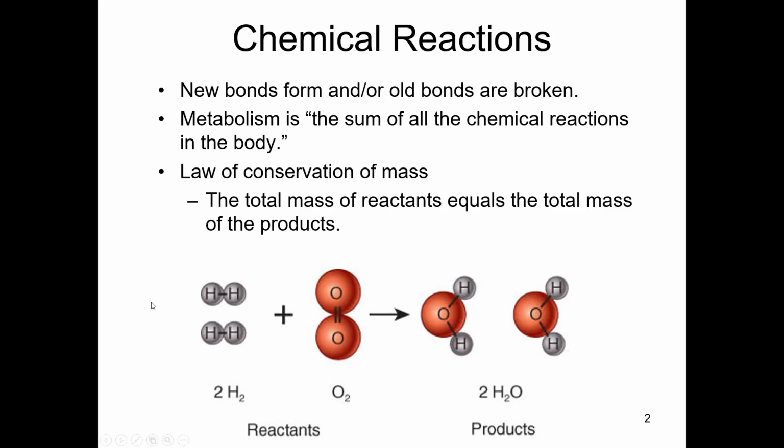What's perhaps most noticeable in these chemical reactions are these stick figures that you see here between individual atoms. Those are chemical bonds. The chemical bonds are important to hold atoms together. They represent bridges that also represent energy.